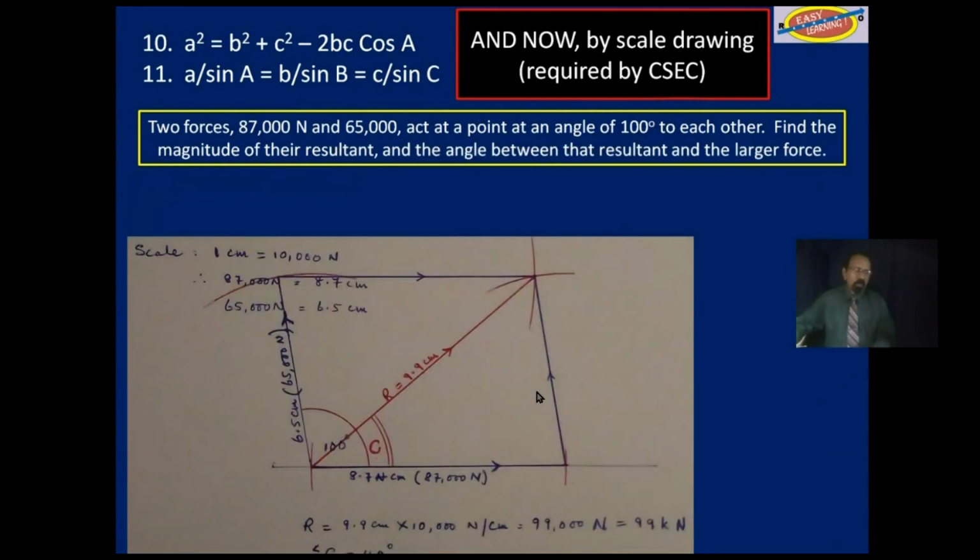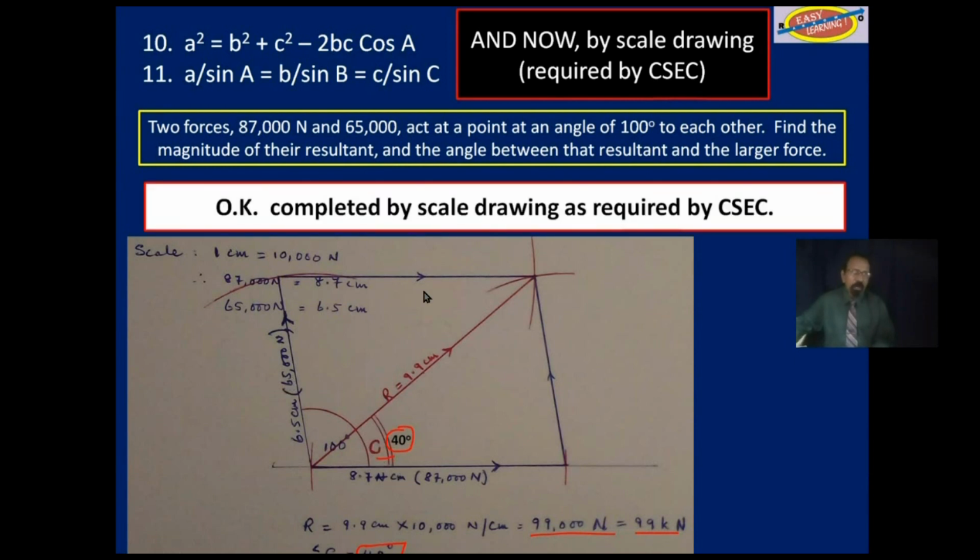So now we know that this C here is 40 degrees. And we know that our resultant is 99,000 newtons or 99 kilonewtons. And it is at an angle of 40 degrees from the larger force between the two original forces. Okay, so we completed this by scale drawing. This is our answer.